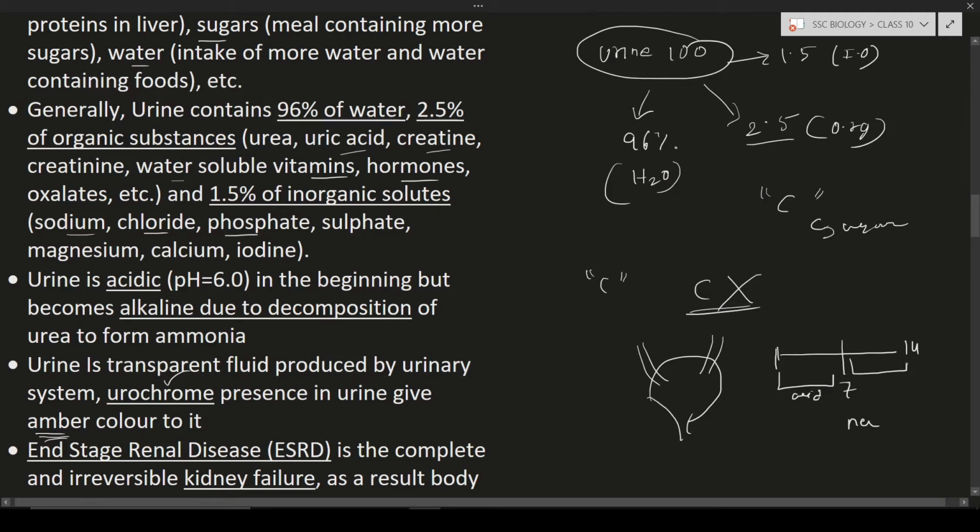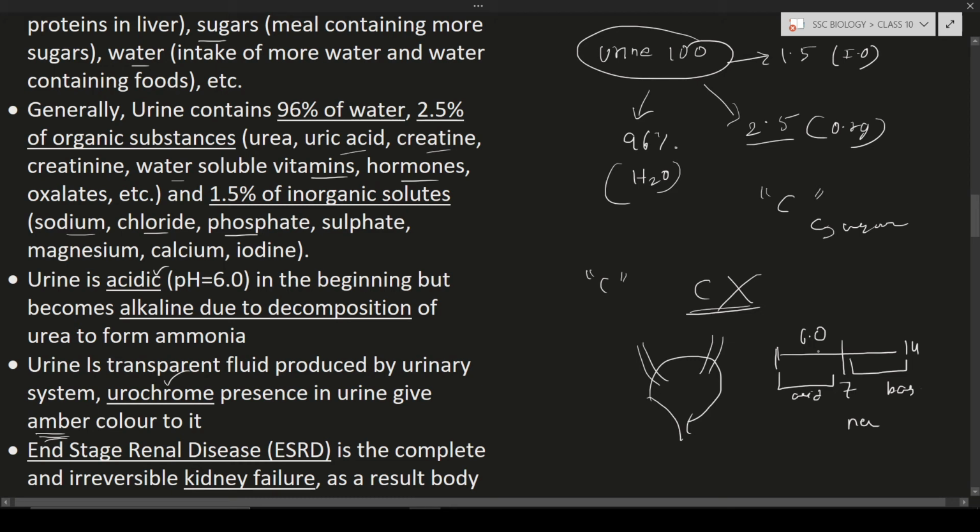From 7.1 to 14, this is basic. It means we say the urine is acidic. What is meant by acidic? You should have a pH below 7, below 6.9. Here it is having 6.0 only. It means the urine is acidic at the beginning.